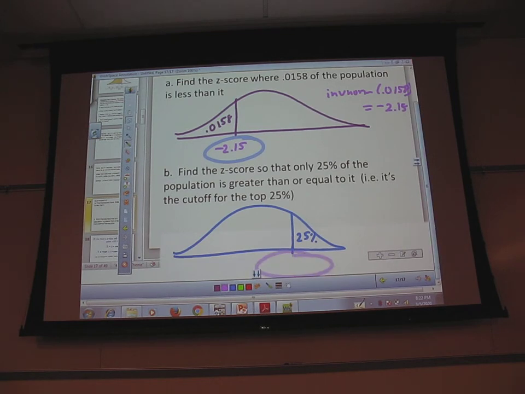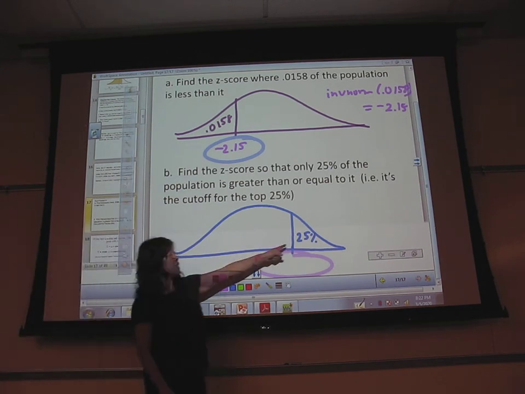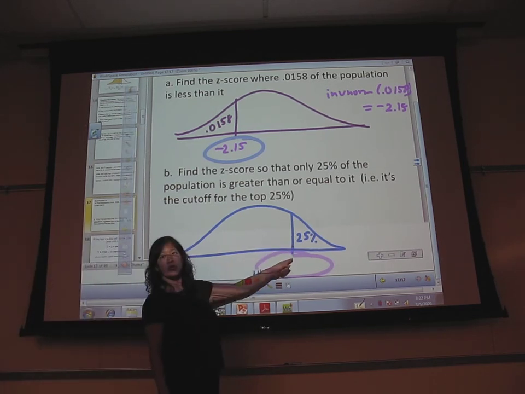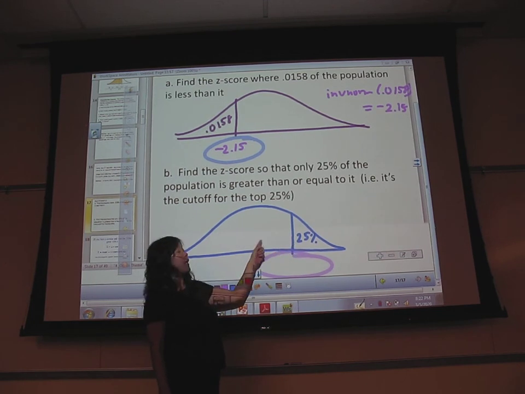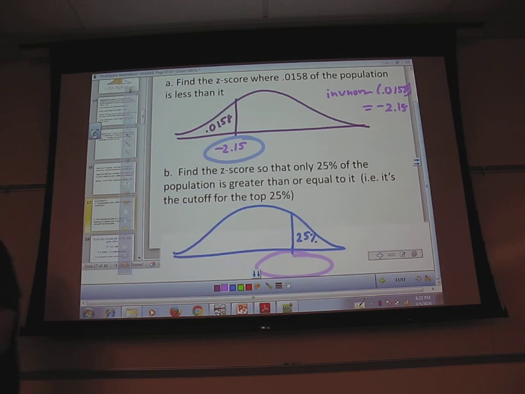But inverse norm, we feed it the area on the left. Everyone look up, is this the area on the left of the z-score? No, you need to find the area on the left and feed inverse norm that instead. So everybody find that area and feed it inverse norm.